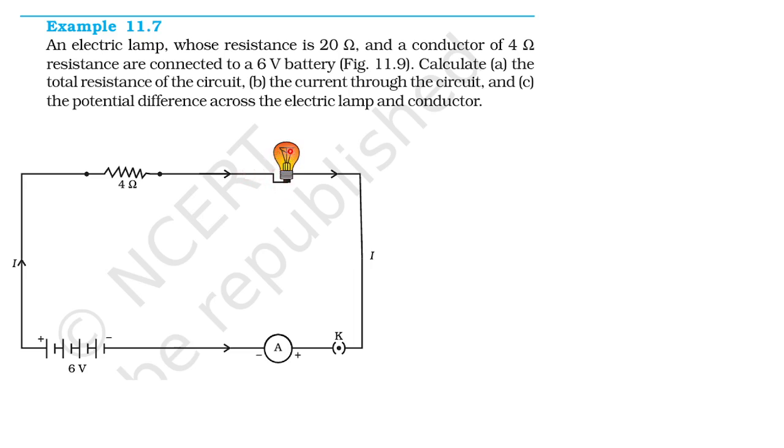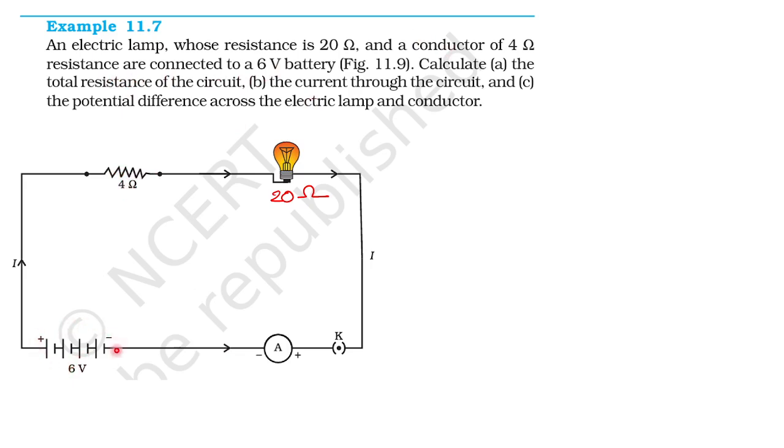The current finds it a little bit difficult to move through the twisted wires. So this bulb has certain resistance, given in the problem as 20 ohm. It's mentioned: electric lamp having resistance 20 ohm, and a conductor. Conductor means a wire, having resistance 4 ohm.